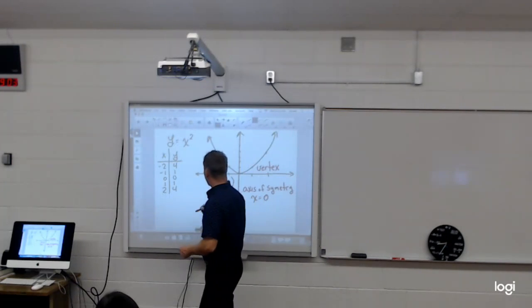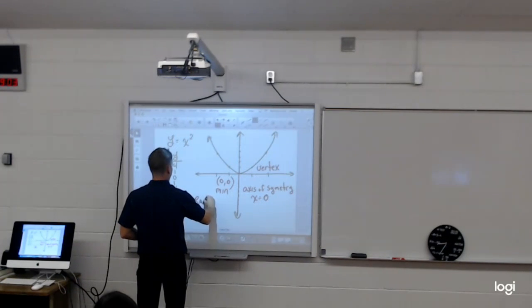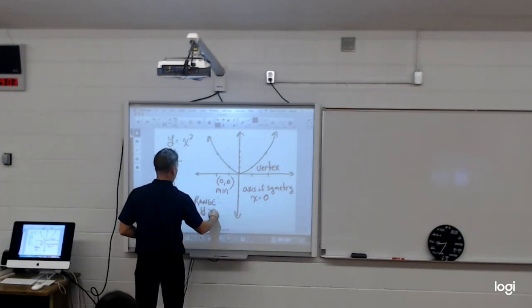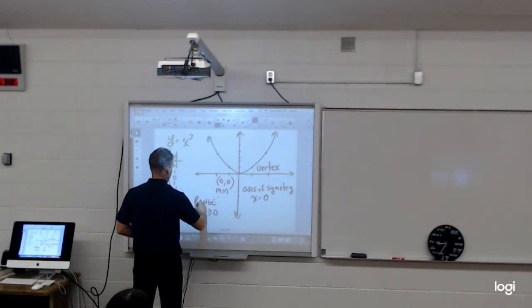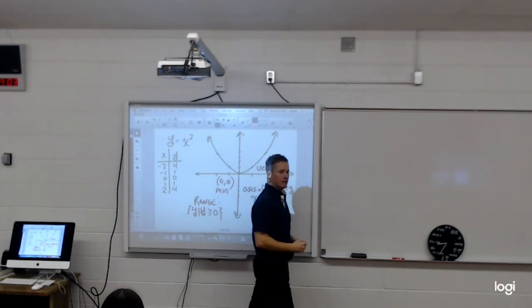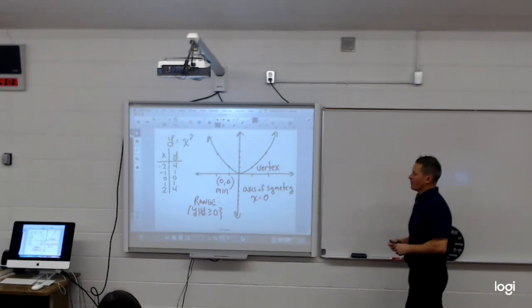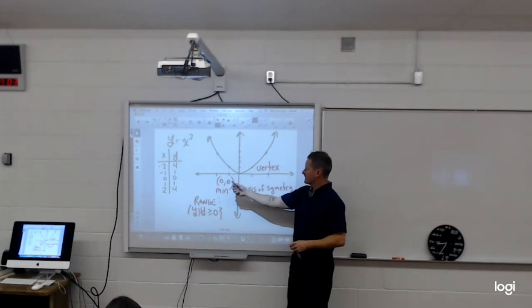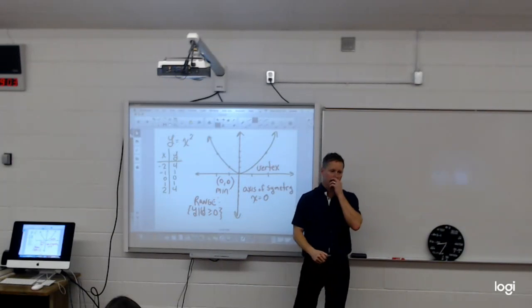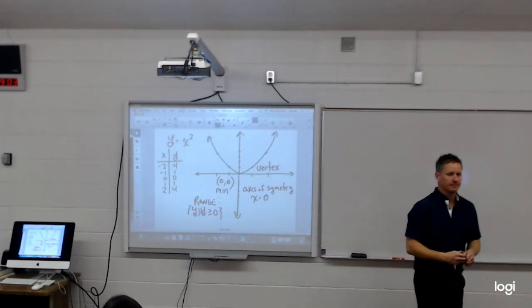If I asked you what the range was for this graph, I'd have y is greater than or equal to 0. So the y value of the vertex tells us what my range is. If it opens down, then it would be y is less than or equal to that value, whatever it is.